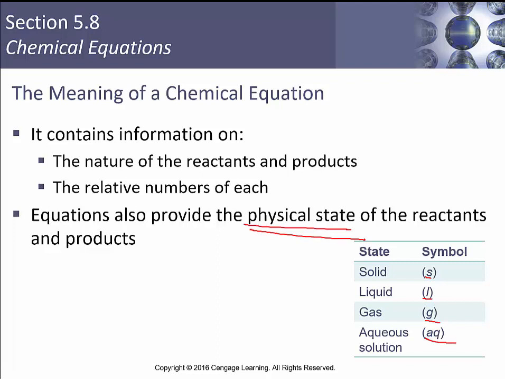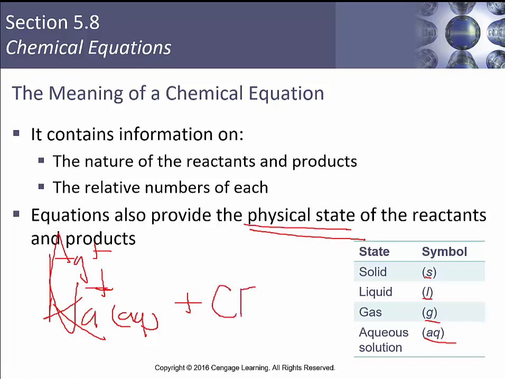Like if you've got something like Na+ (aq), sodium in aqueous solution, and, well, not sodium. How about silver, Ag+ (aq), and Cl-. They're going to form AgCl, which is a solid.